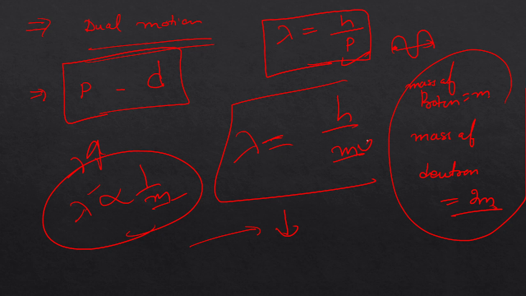Okay, so to derive how much longer the wavelength of the proton is as compared to the deuteron, let's go further. And we will use a two step process here.